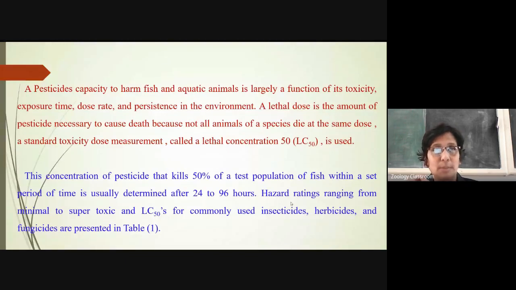So it requires a particular dose to kill 50% of the organisms. When a particular dose is given to the organisms and 50% of the population dies, then that concentration or dose is called LC50 or LD50, meaning lethal concentration or lethal dose of that particular pesticide.